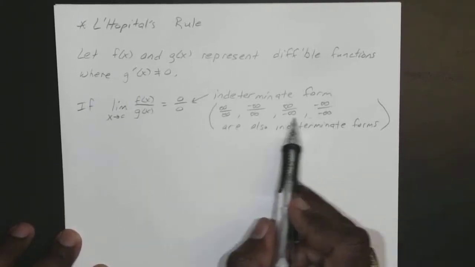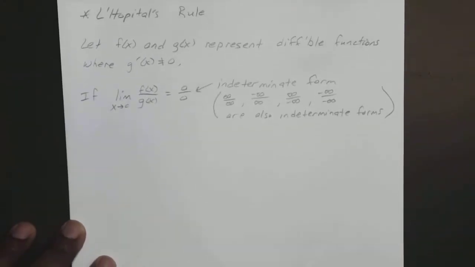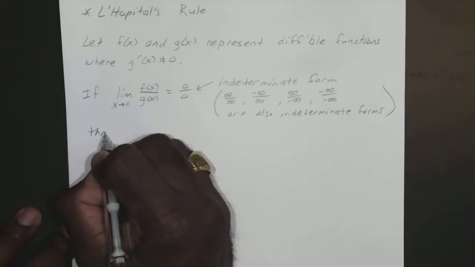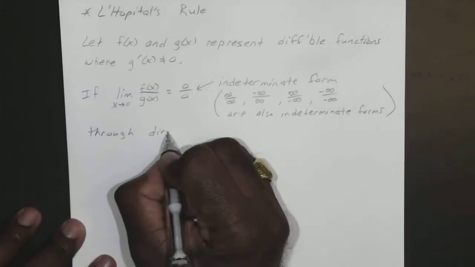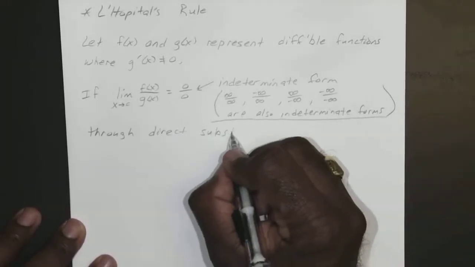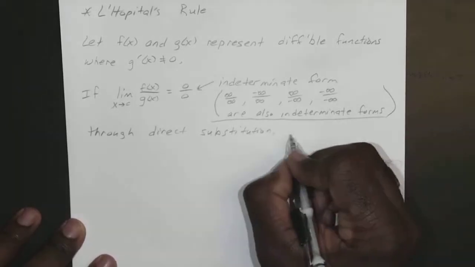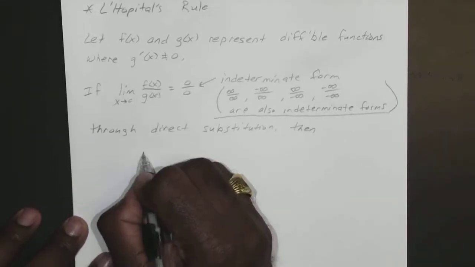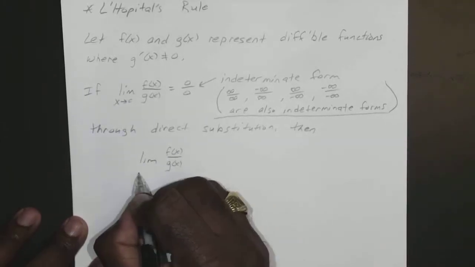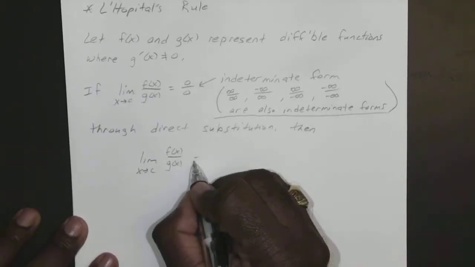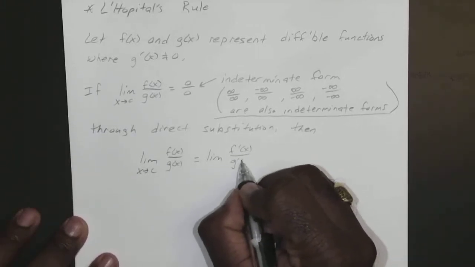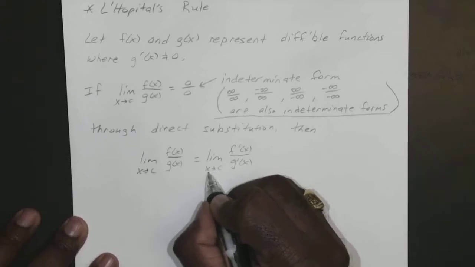So this would work if you had any of these or 0 over 0. Okay, so if it equals that through direct substitution, then we know that the limit of f of x over g of x as x approaches c is equal to the limit of the derivative of both of those as x approaches c.